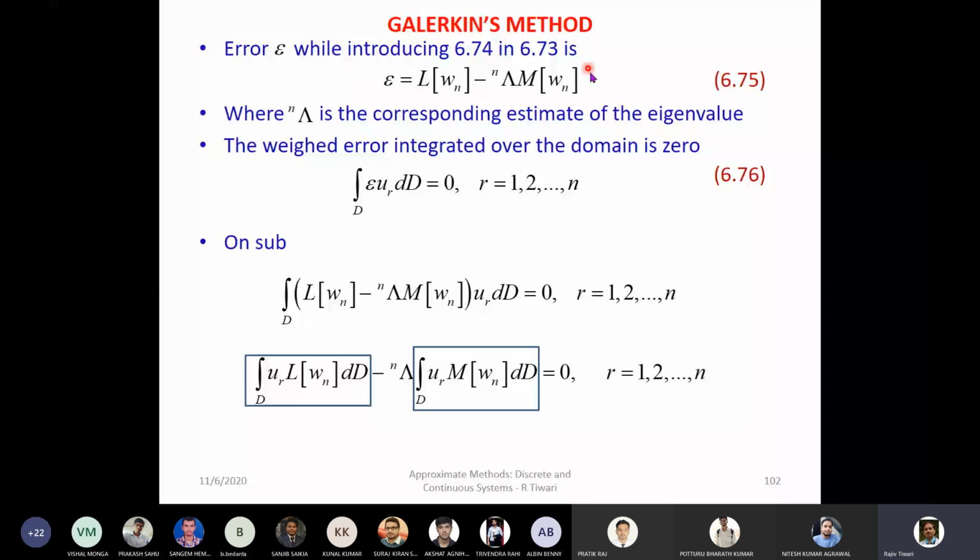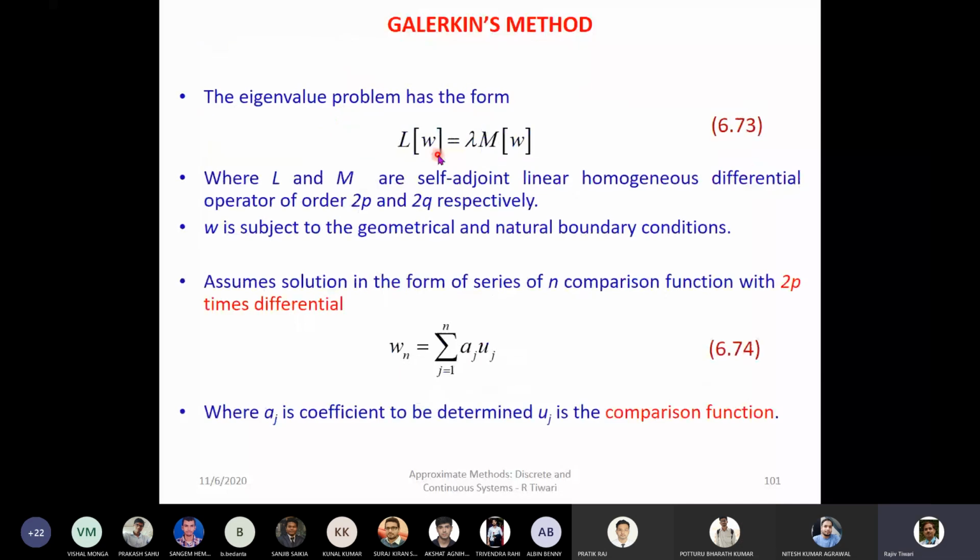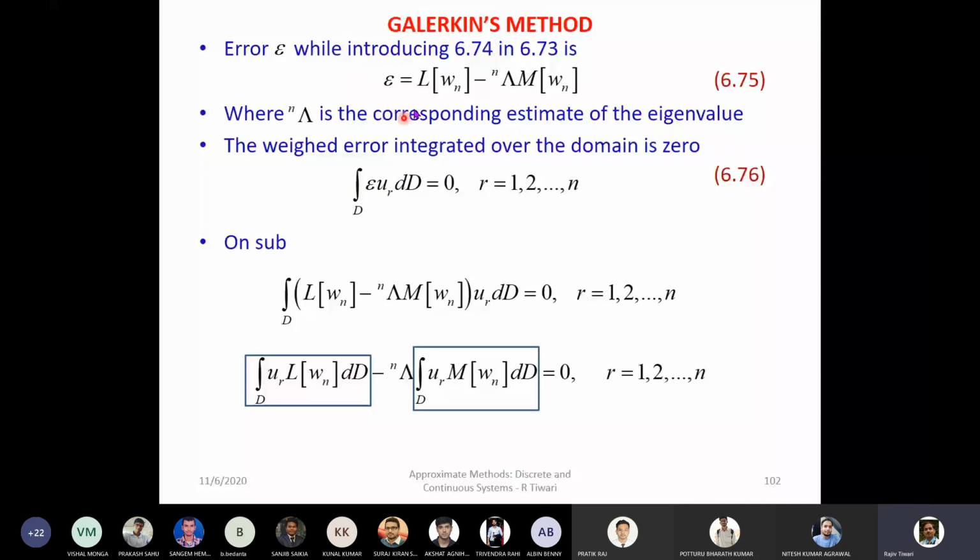In this equation, if we bring the mass term here and represent this as a function, and substitute the approximate solution here, we will not be able to satisfy it completely because this is an approximate solution. So we'll get some error. Epsilon is the error because of the approximate solution.